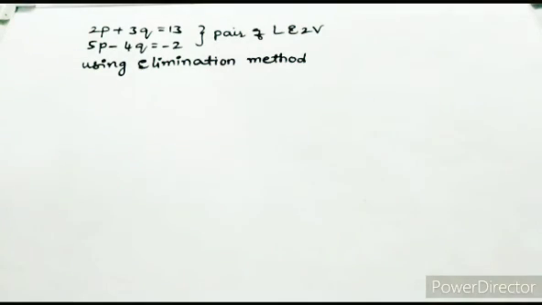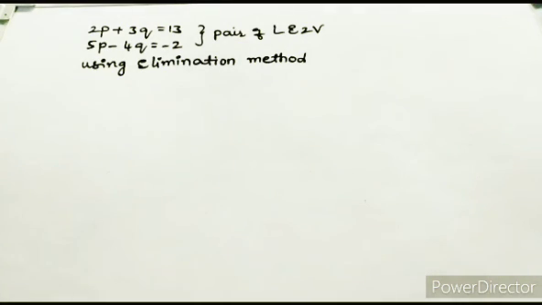If you missed my topic on the elimination method, I have given the link. You just go through the topic and you will get a clear idea of how to solve a pair of linear equations in two variables by using the elimination method.